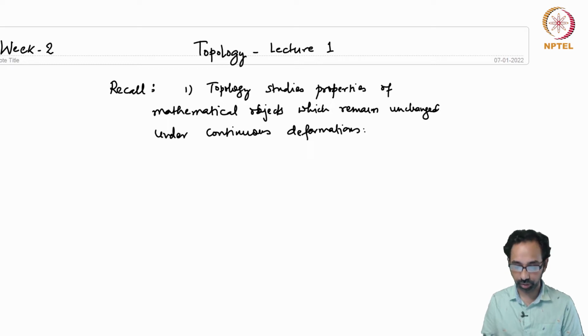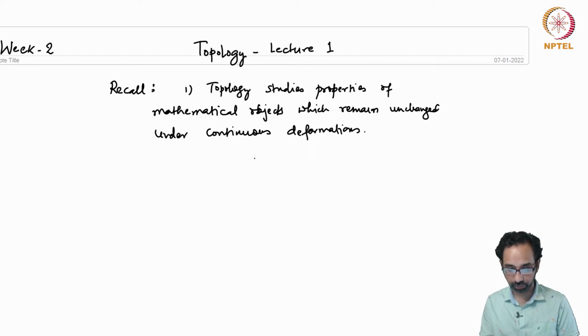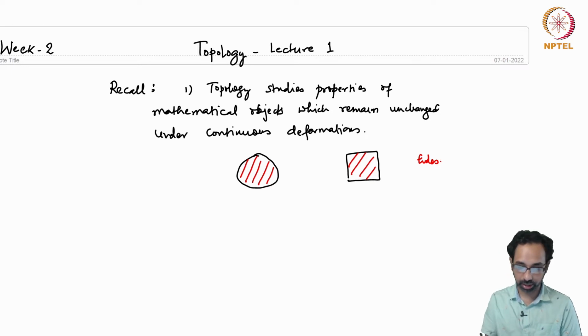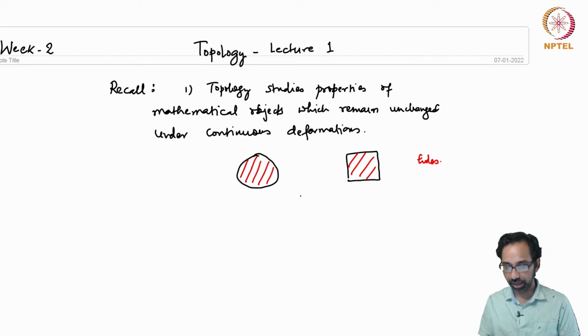If you remember, we gave the example of a circle and a square, and we called the interior space of the circle and square holes, and under continuous deformations both these things have just one hole, right?